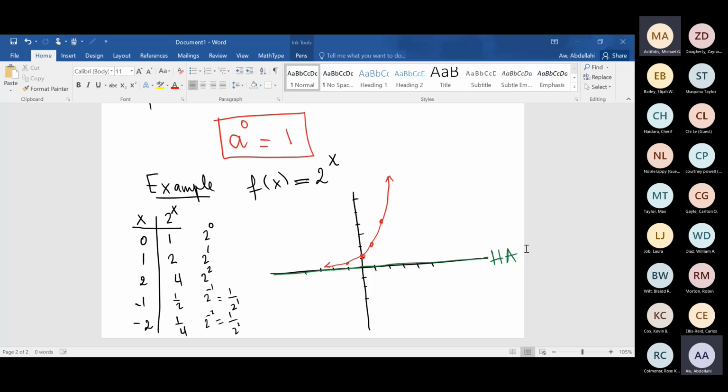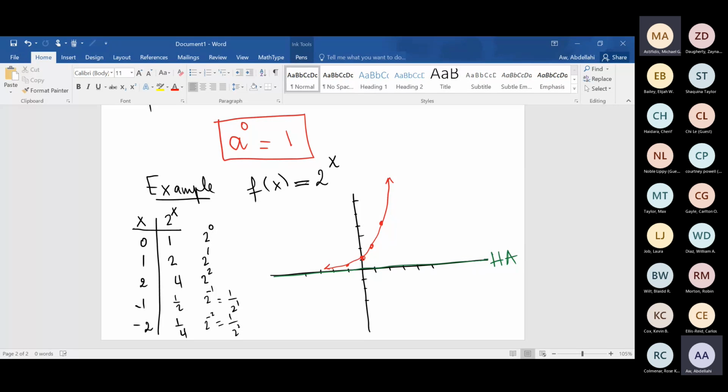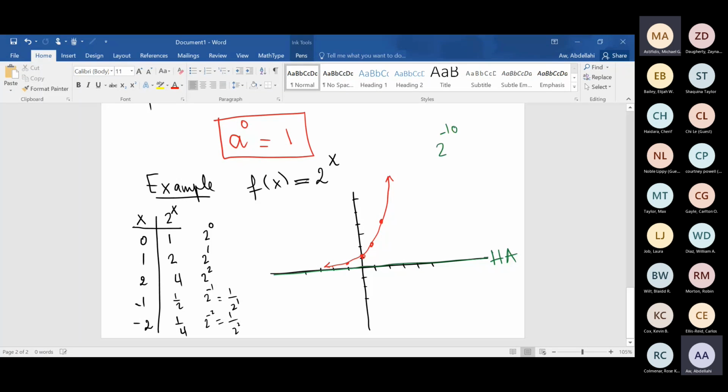For instance, if I raise 2 to a very negative number, like negative 100, my answer will be a very small number, but not exactly 0. So this horizontal line, y equals 0, is a horizontal asymptote.